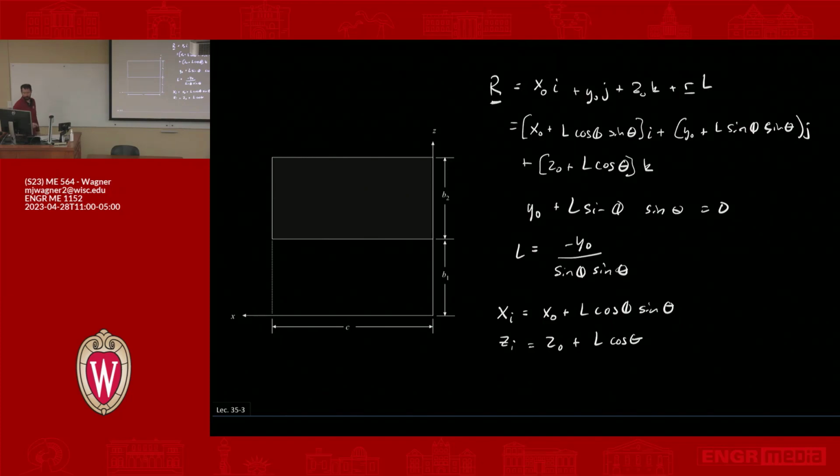And then that basically specifies it, right? We wrote out this general equation, then we're looking at specific components within that. So like the y intersection has to be 0 here. So this equation is where we get L from. And then once we have L, we can compute xi and zi.